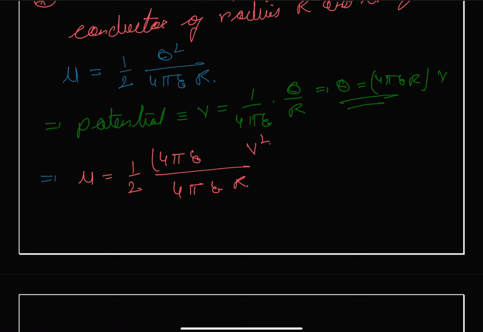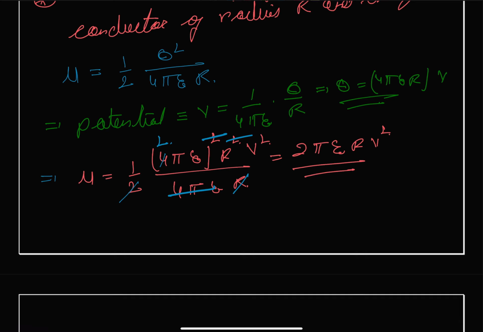The 4 pi epsilon naught cancels, R square goes by R, and ultimately 4 goes by 2. So we get the energy equal to 2 pi epsilon naught R V square. This is the general expression for the energy.